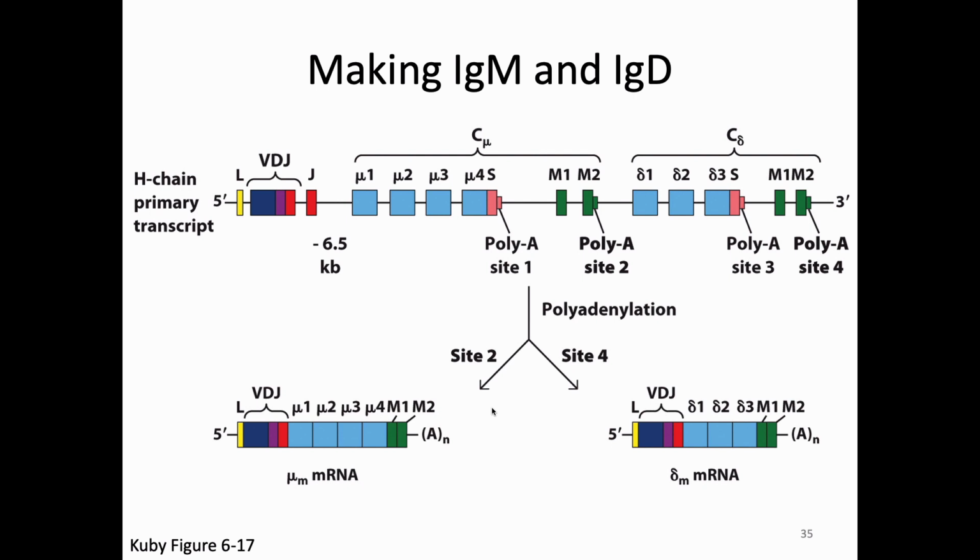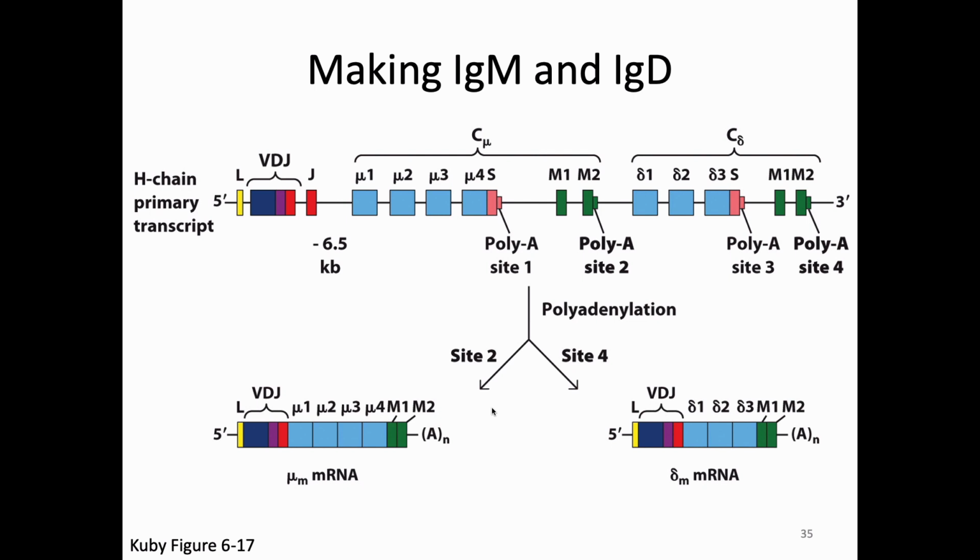And that RNA can alternatively splice. So the same VDJ can be paired with either the M constant region information or the D constant region information. And so we can make a heavy chain with this variable region plus M or this variable region plus D, just by alternatively splicing this RNA.